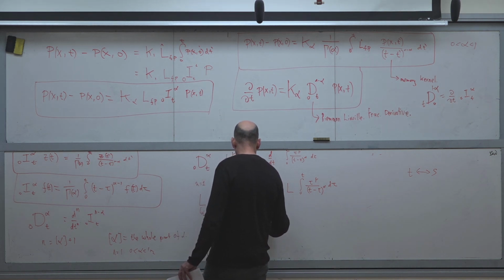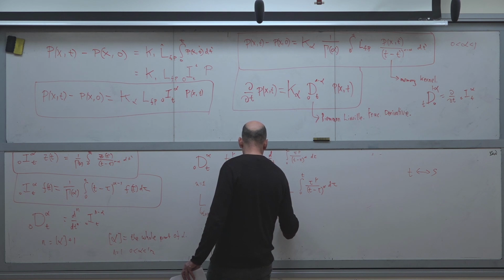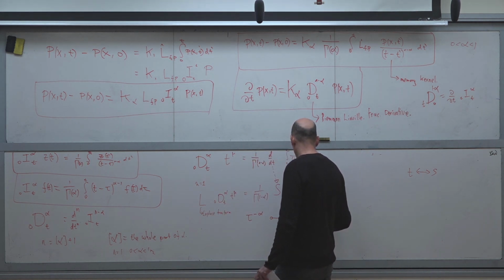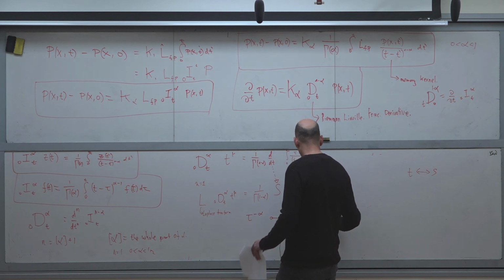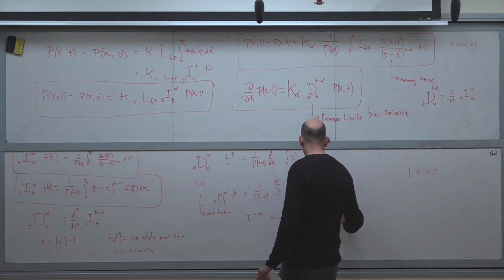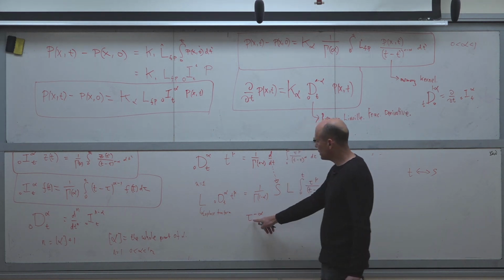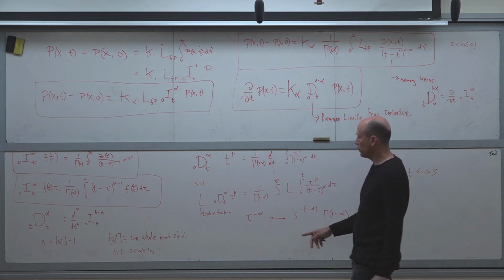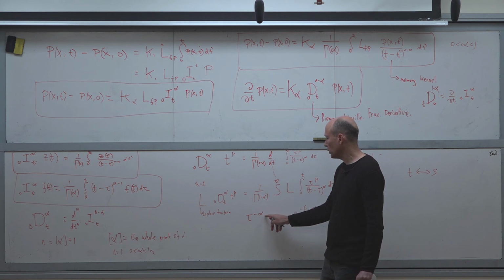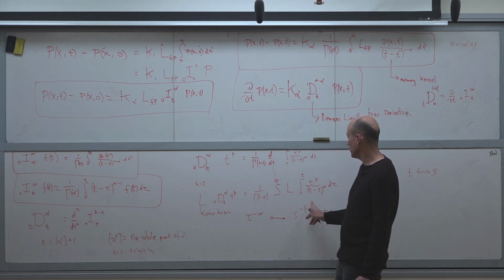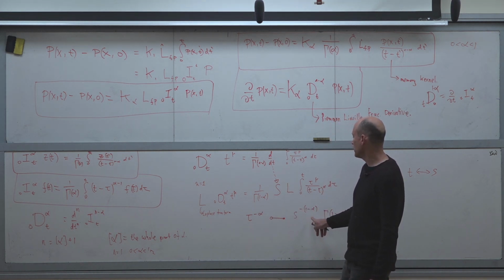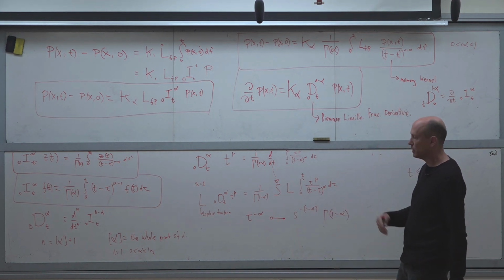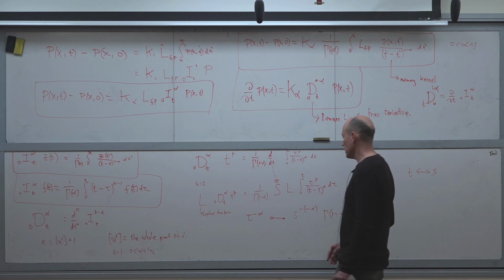For example, t to the minus alpha goes with s to the minus 1 minus alpha, times gamma of 1 minus alpha. So the Laplace transform of this function is s to the power alpha minus 1. You remember when you do the Laplace transform, you integrate over dt, e to the minus st, then you can look at the units. And this is how you easily remember this, and then you need to remember this gamma function that comes from the Laplace integral.